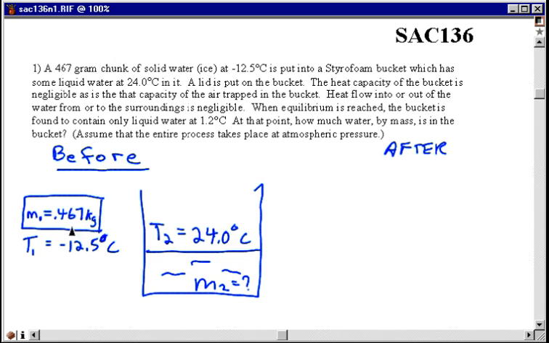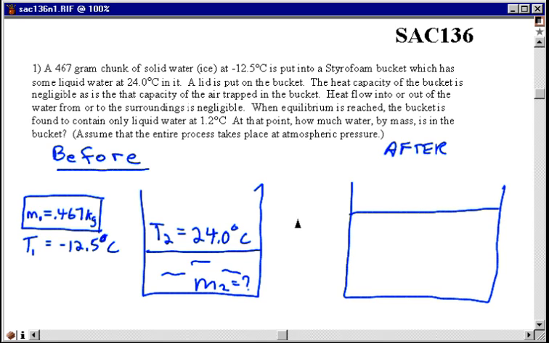somebody has put the chunk of ice in the bucket. The temperature of the ice has risen to the melting point, and then the ice has melted, and it's warmed up some more. In the meantime, the water that was originally in the bucket cooled down some, so they all come to some final temperature that I'll just call T, which is unknown.